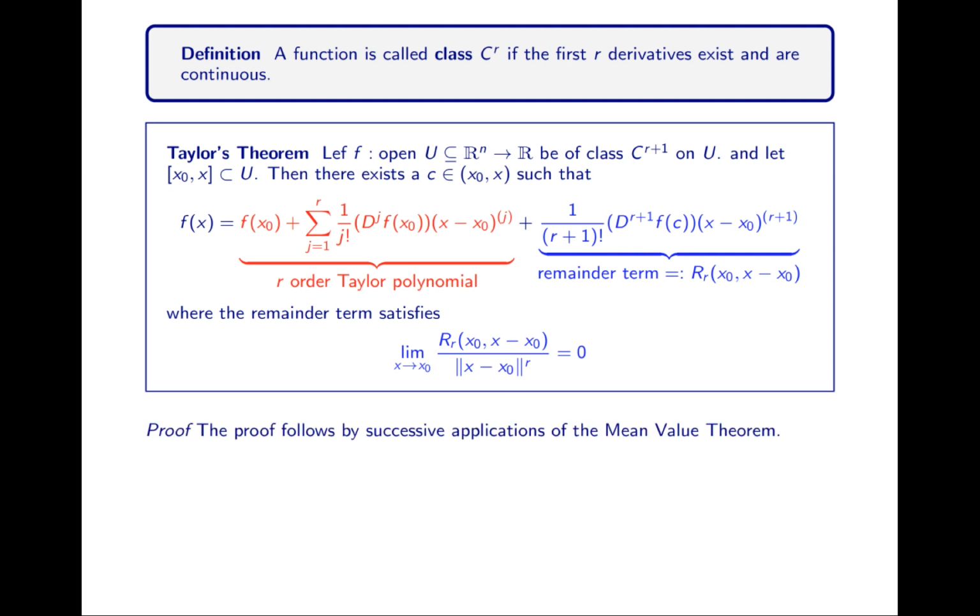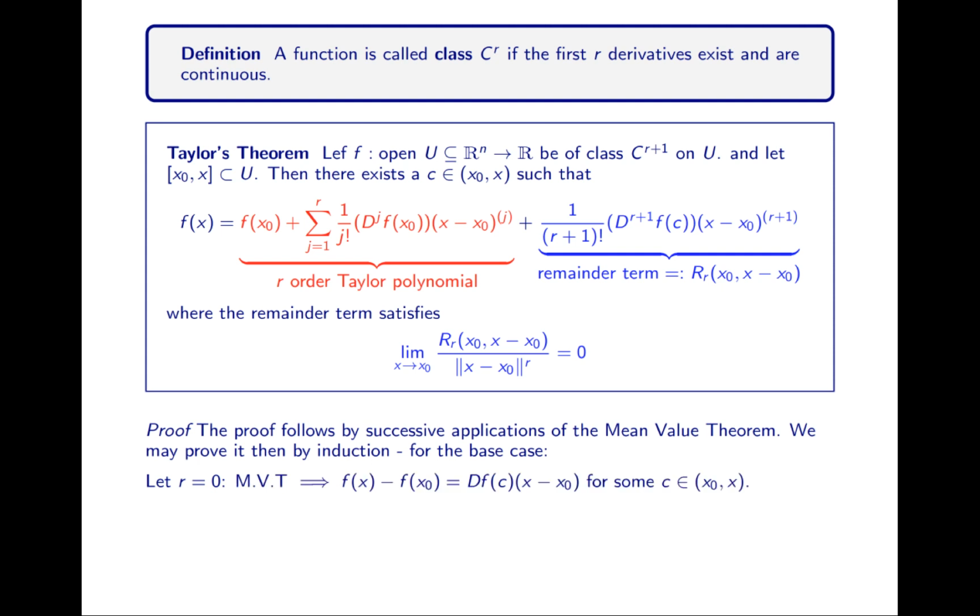So in other words, this goes to 0 faster than this does as x approaches x naught. Now the proof follows by successive applications of the mean value theorem. So we can prove it by induction. Let's consider the base case that r is 0. Well, the mean value theorem implies that f of x minus f of x naught equals the derivative at some c in the open interval x naught to x times x minus x naught.